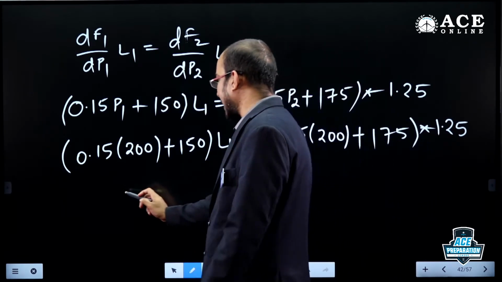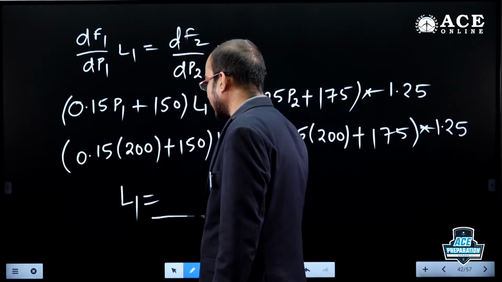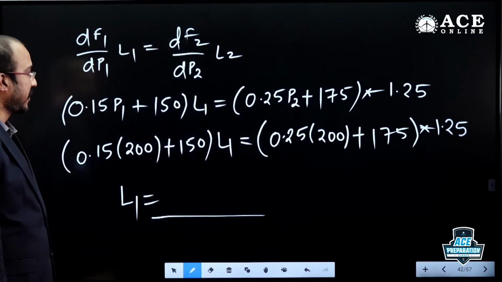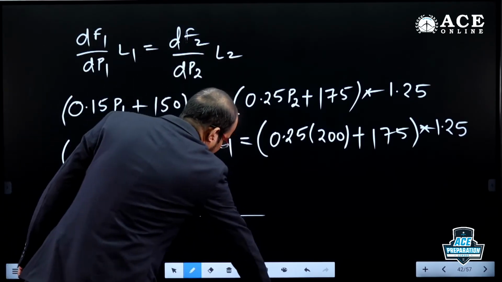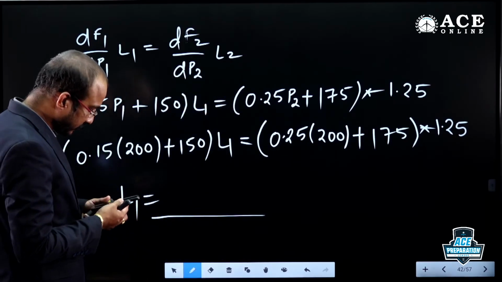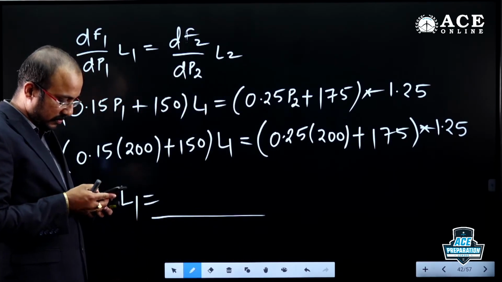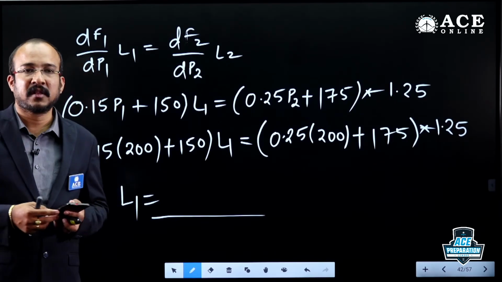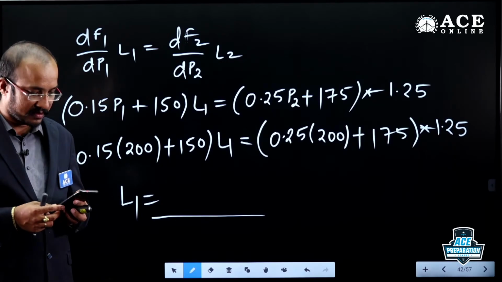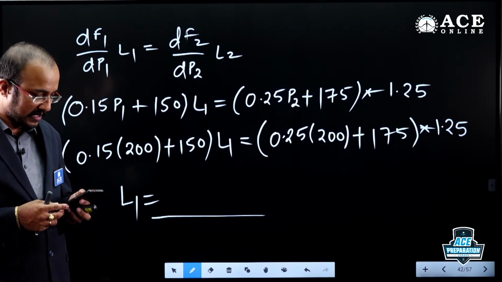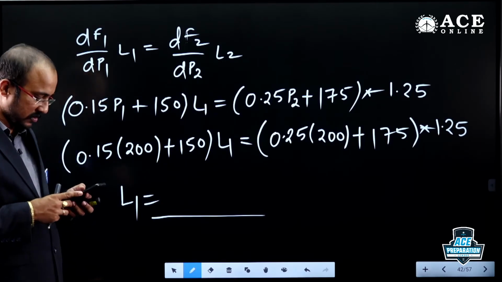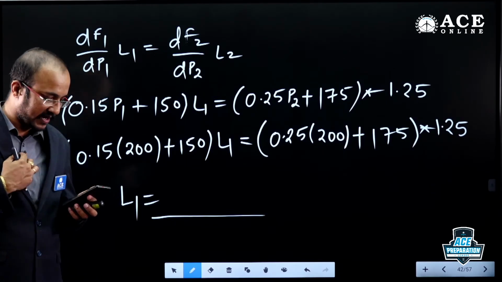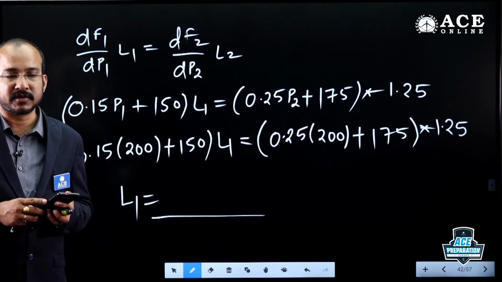From this you can calculate; the only unknown is the penalty factor of the first unit. Try to calculate the value of the penalty factor of the first unit and post the answer. The second unit we have already done. First unit, how much do you get?